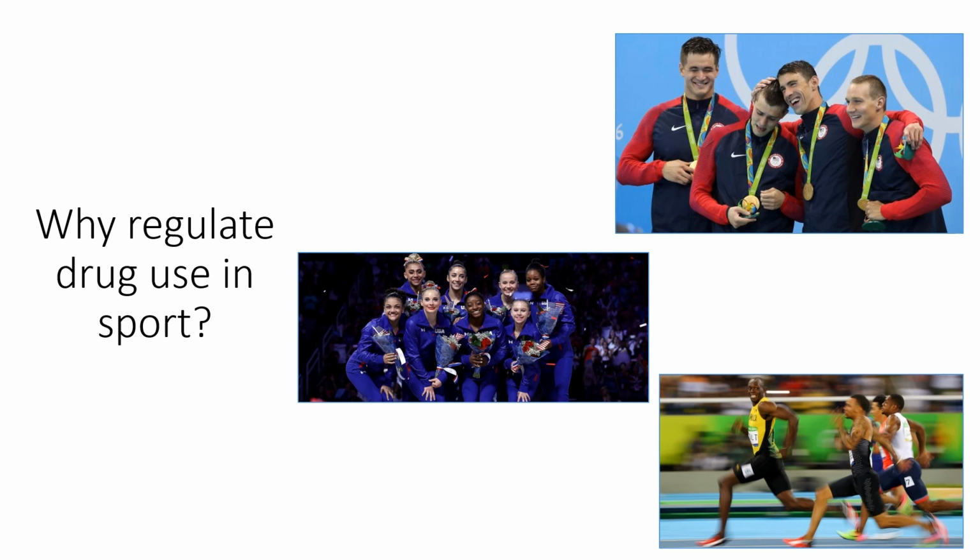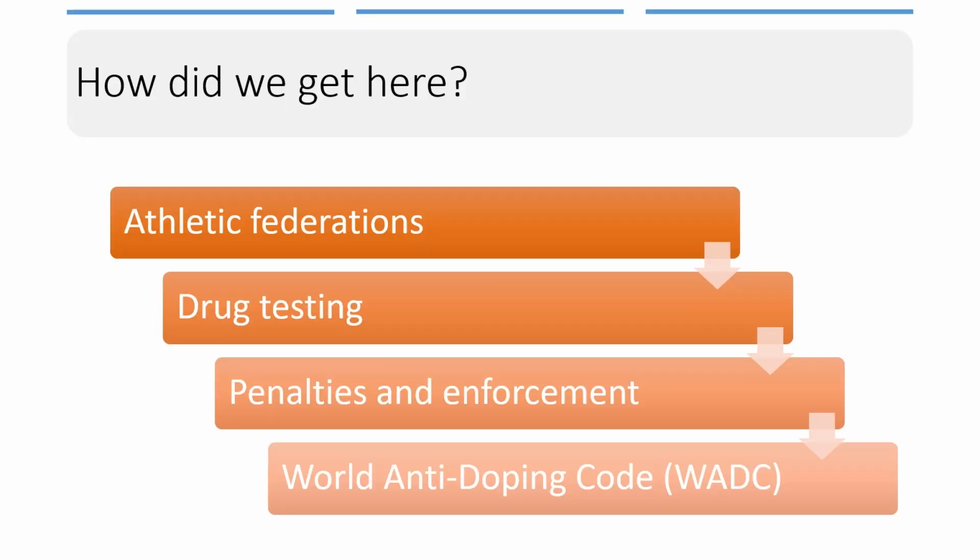Now, although achieving a completely level playing field may be challenging due to varying resources and access to training, anti-doping measures aim to provide a certain degree of equity among athletes. So how do we get to where we are? And really, there is a stepwise process.